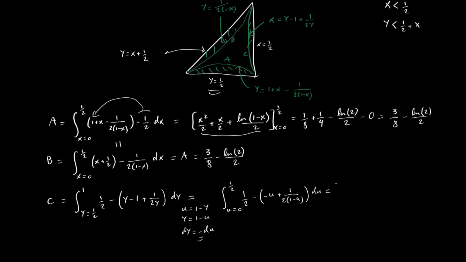And this is equal to the integral from u equal 0 to 1/2 of 1/2 plus u minus 1 divided by 2, 1 minus u du. And again, as you may recognize, this is also equal to b and to a, so this is also equal to 3 divided by 8 minus logarithm of 2 divided by 2.